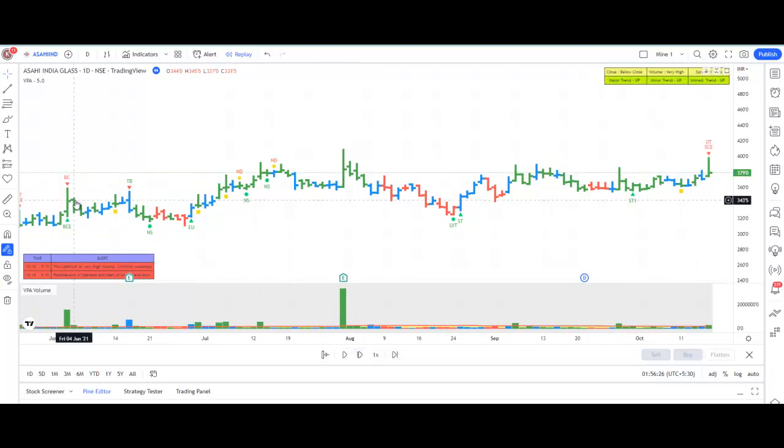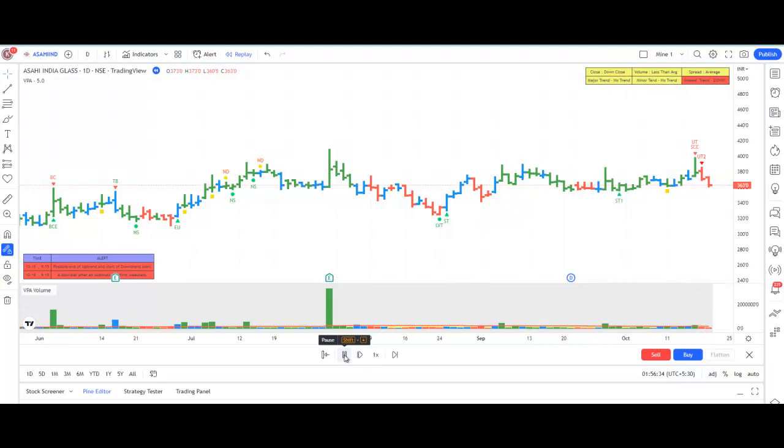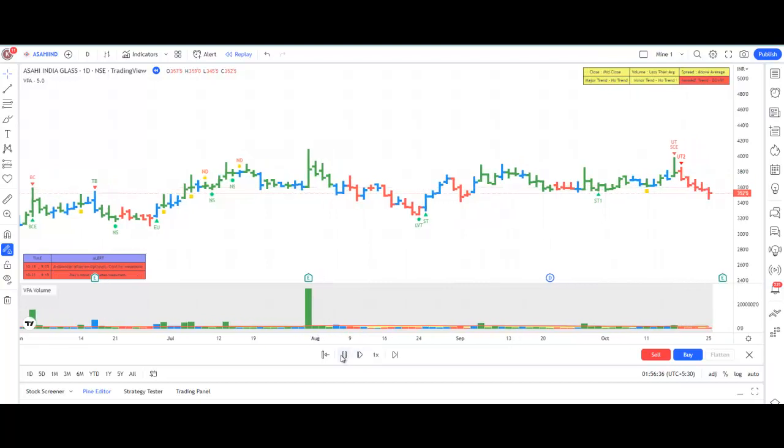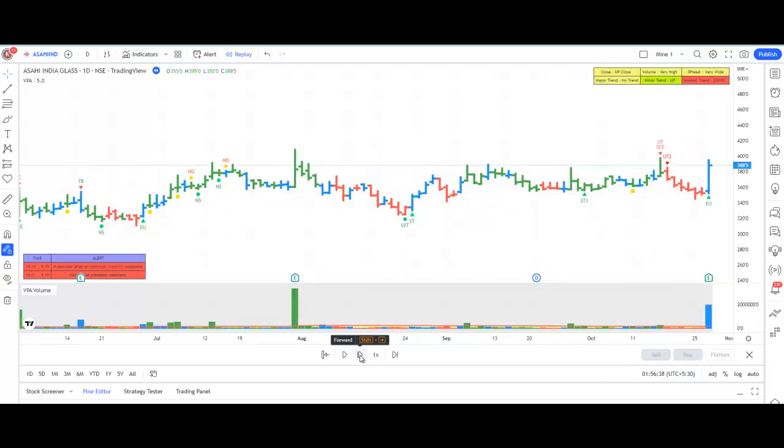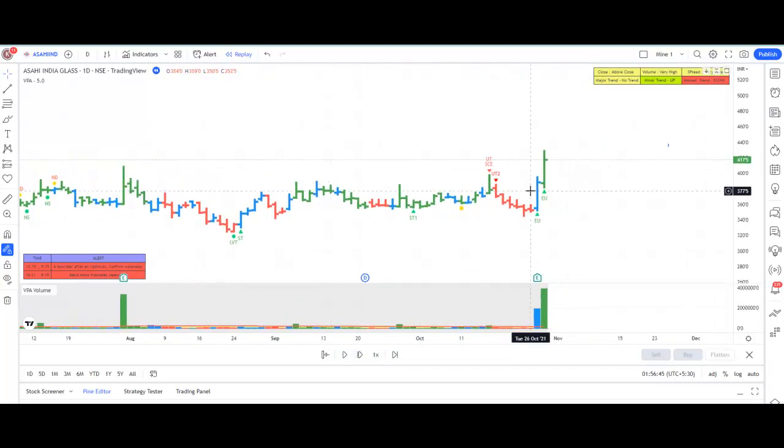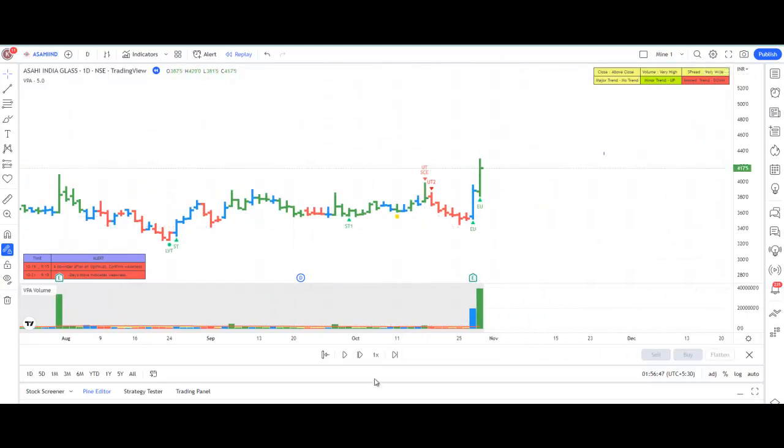You can see that the stock was moving sideways for quite a few months. Now we have a U bar here, followed by another U bar. So some bullishness is coming, breaking out of this range here.